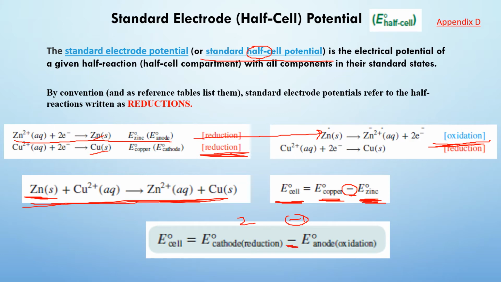So for all the redox reactions, all these electrochemical cells, the standard cell potential is equal to the standard half cell potential of the cathode minus the standard half cell potential of the anode. And these values can be found in Appendix D.